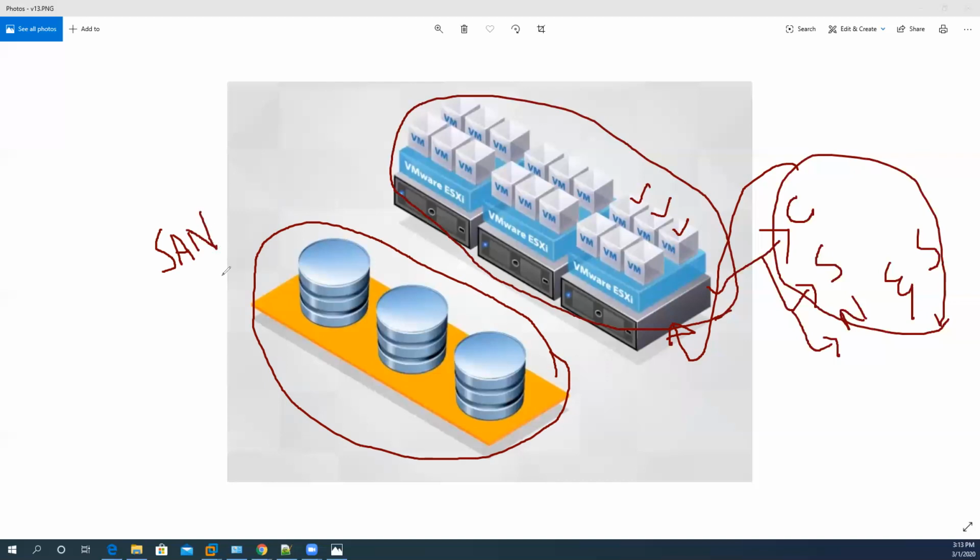For that purpose, a number of vendors like HP, Dell, IBM, and Lenovo offer storage solutions for virtualization infrastructure. So in that scenario, our storage area network or storage resource is outside the box.